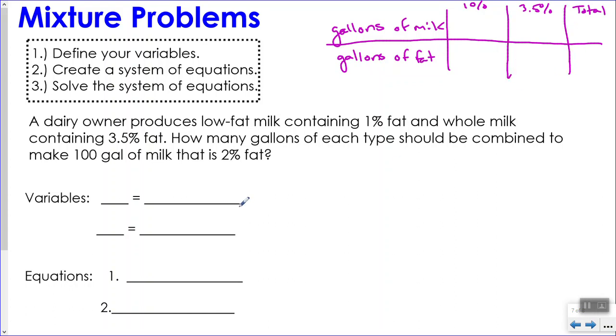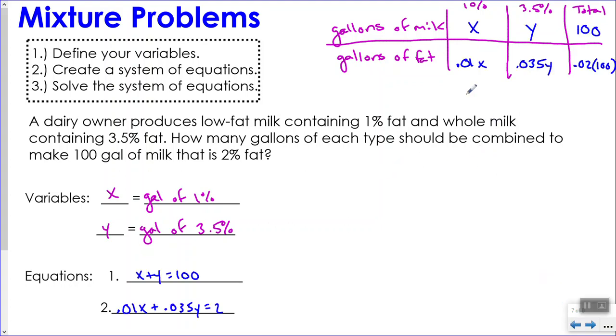If you think about our variables, we can use x to be gallons of 1% fat, y will be gallons of 3.5%, and we want to think about what sort of system we can set up here. Pause the video, and before you solve it, come back to see if your equations are correct.